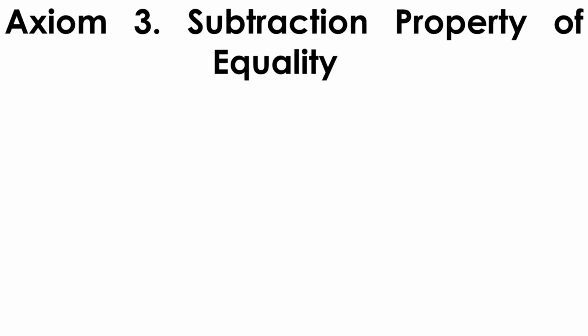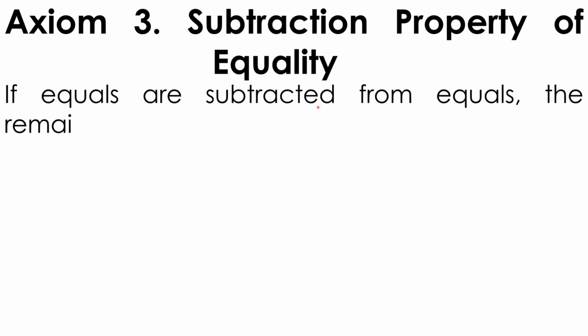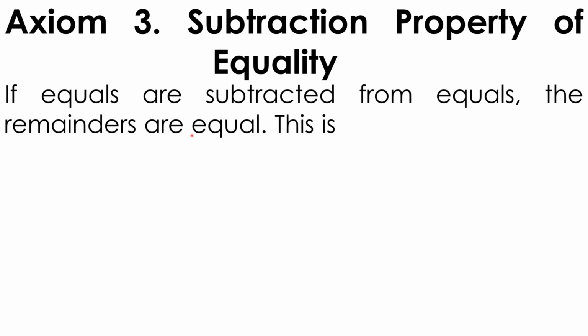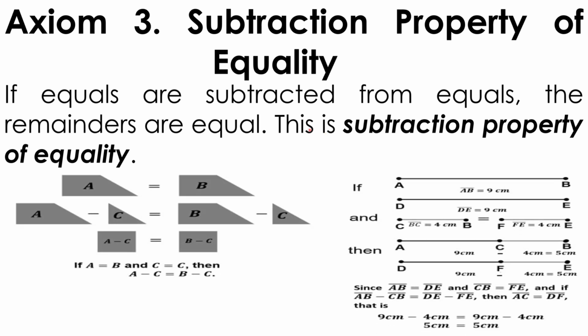Subtraction property of equality. If equals are subtracted from equals, the remainders are equal. This is the subtraction property of equality. So in the figure, we have here, if A is equal to B and C is equal to C, then A minus C is equal to B minus C.